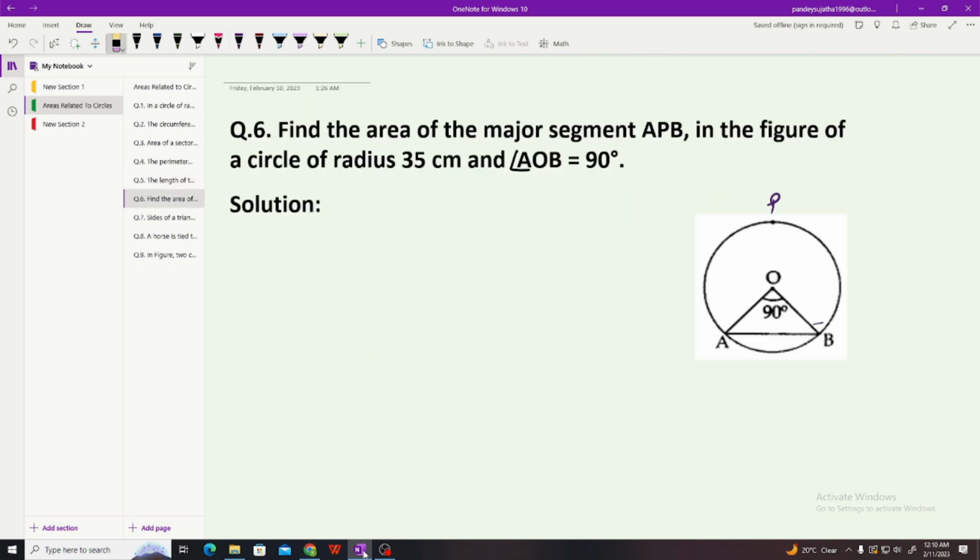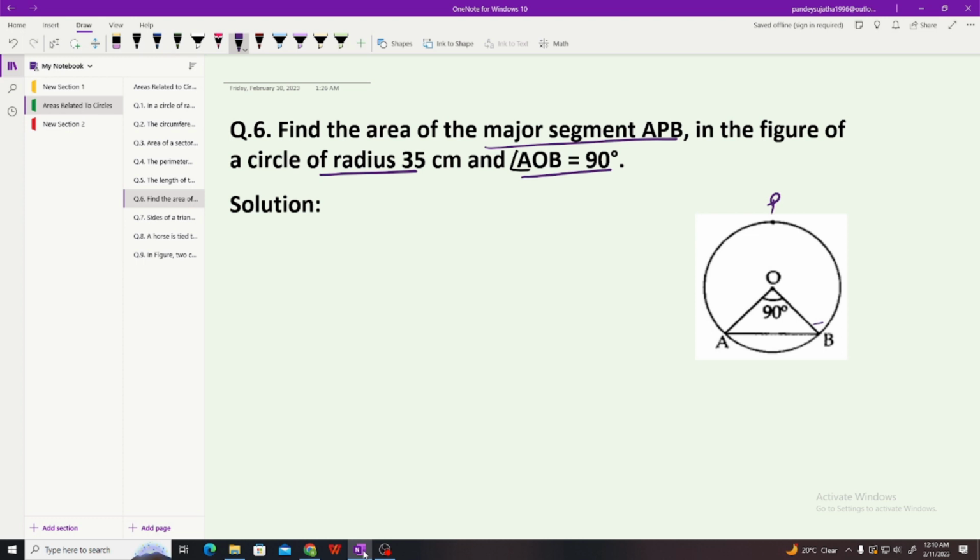So the sixth question is, find the area of the major segment where the radius of the circle is 35 centimeter and angle AOB is given as 90 degree.